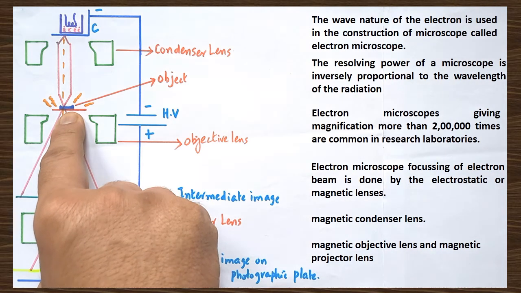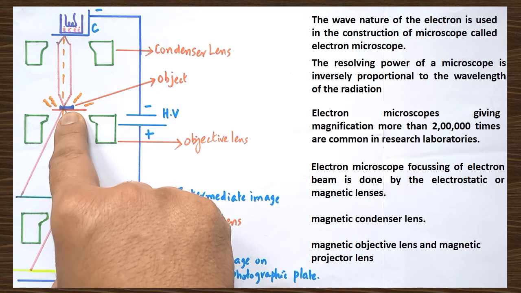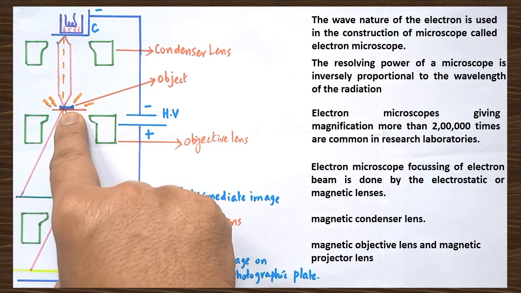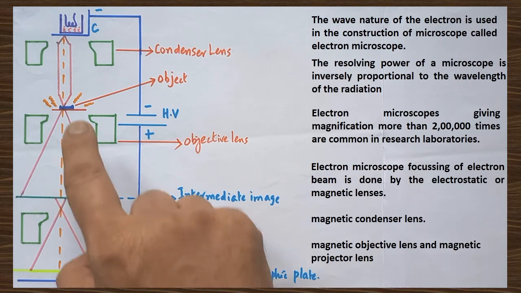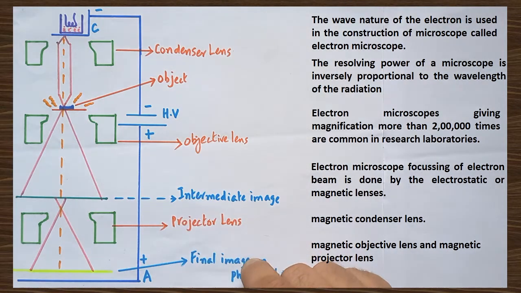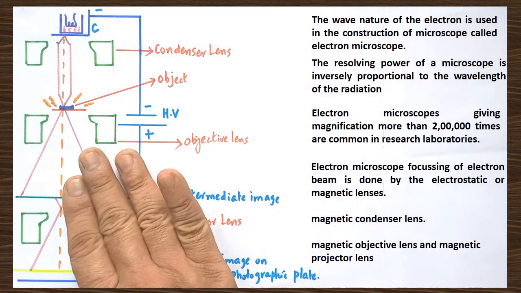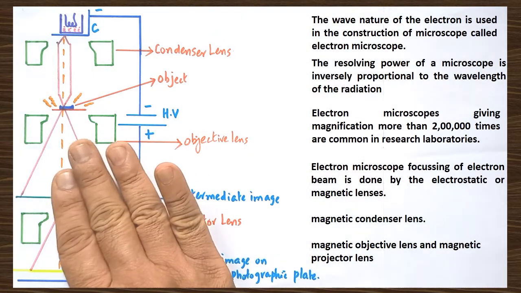Organisms like virus, bacteria or any other small tiny things can be magnified. Nowadays, we all know so much about the coronavirus, and how it is modified, how it takes a new shape. All those things were discovered and found out only with the help of which kind of microscope, the electron microscope.